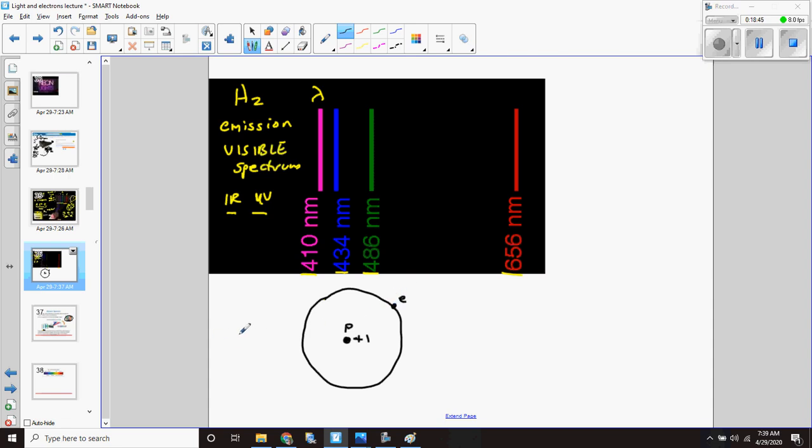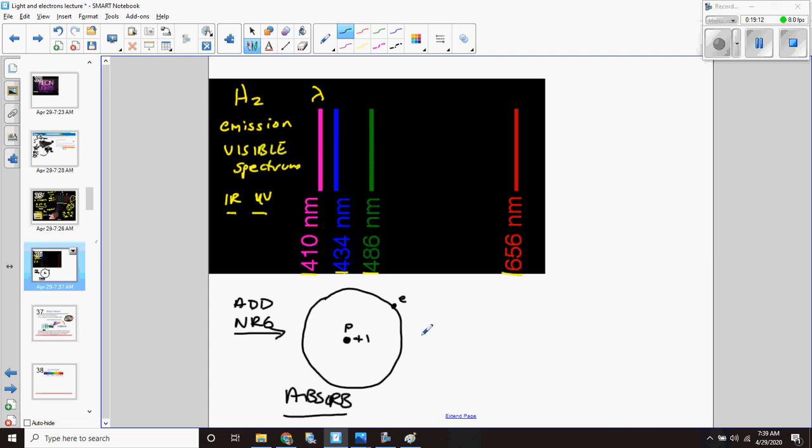In order to get hydrogen to give off light, you have to add energy. So somehow we are going to add a huge amount of energy to hydrogen. Hydrogen has to absorb energy. We don't even know how the hydrogen atom can do that.